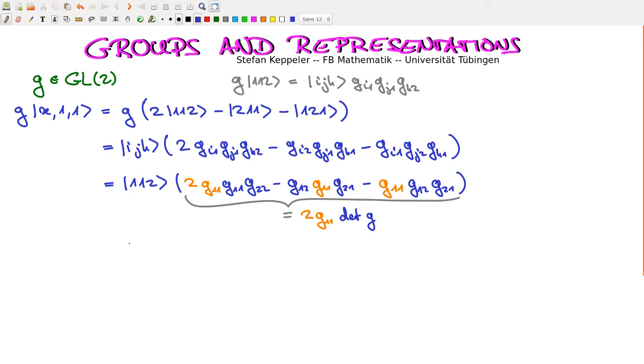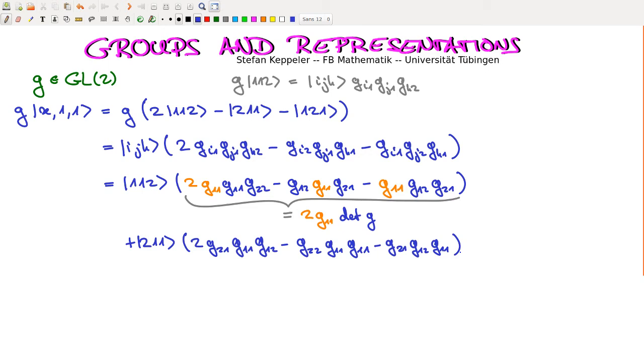Okay, what's the next term? There is one term, let's say, proportional to 2,1,1. That's twice G21, G11, G12, minus G22, G11, G11, and minus G21, G12, G11. And again, we have a G11 in each term.